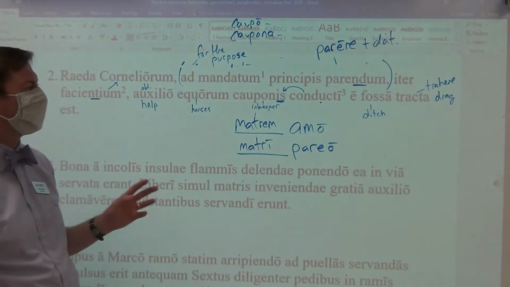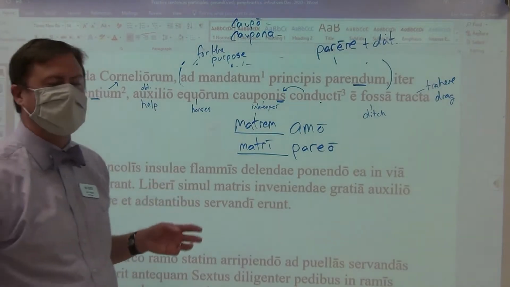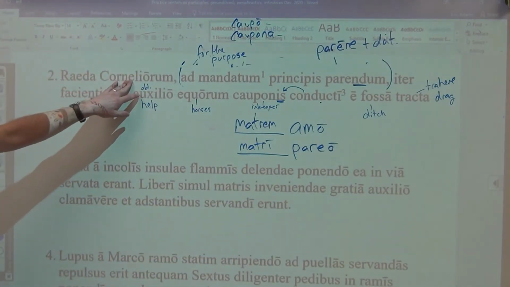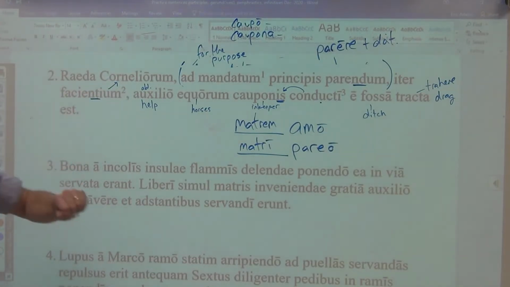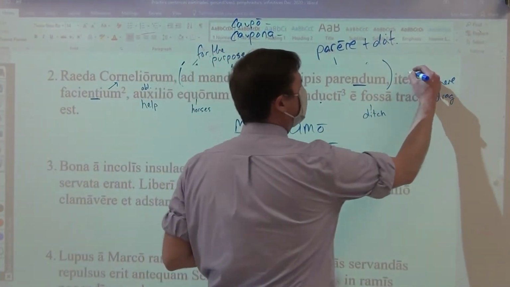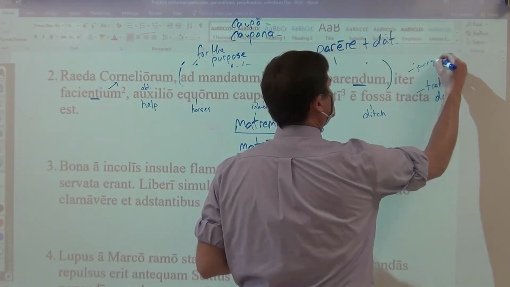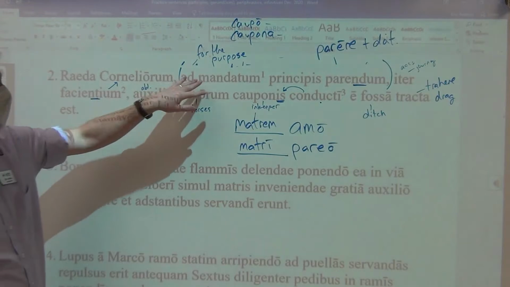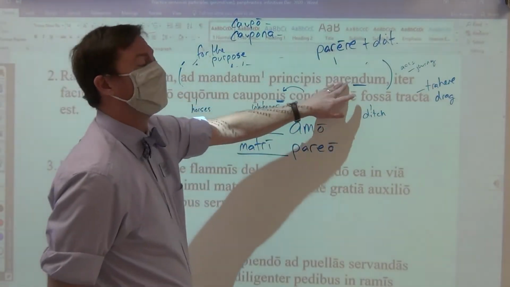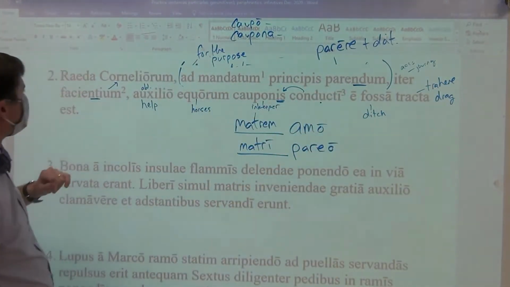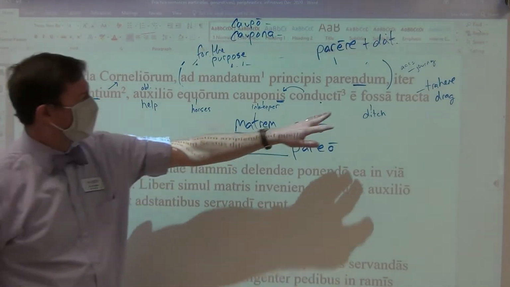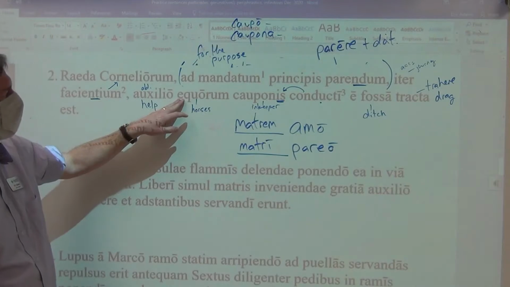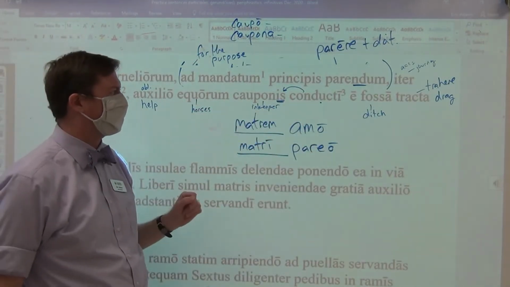And this is the verb conduco, conducere, conduxi, conductus, meaning to hire. So again, the Raida Corneliorum, the ones facientium iter, and remember that this is a journey, it is accusative, and it is the object of facientium, ad mandatum principis parendum, that Raida tracta est, e fossa, auxilio equorum, cauponis conducti. You translate.